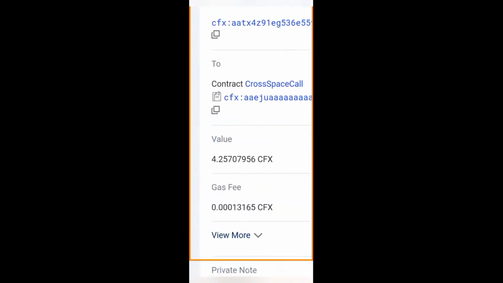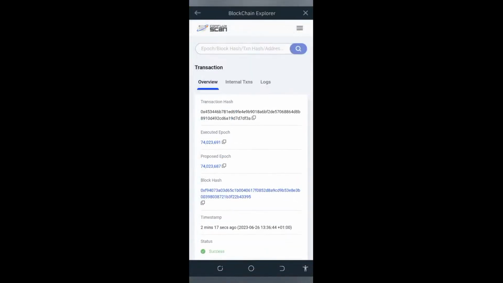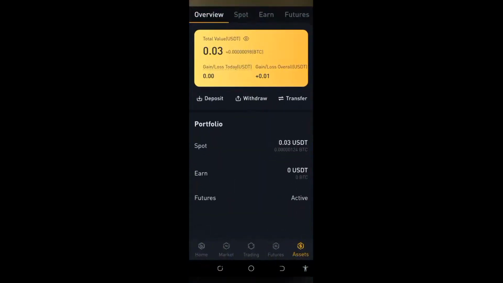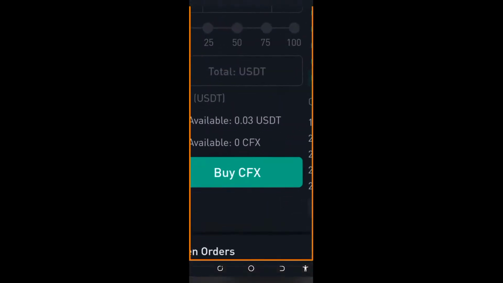Okay, so it's telling me that it's success. So we just have to wait a bit to see when it will land in Buy True. Right now, it's not yet here. Still 3 cents.